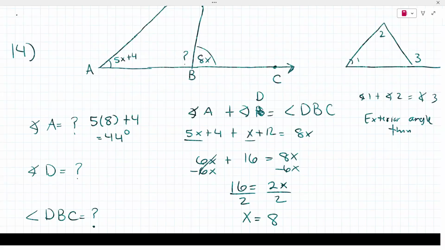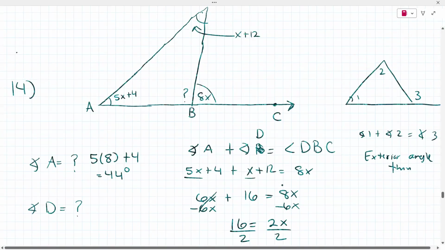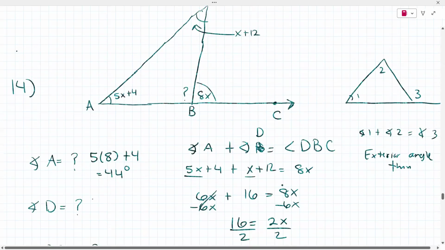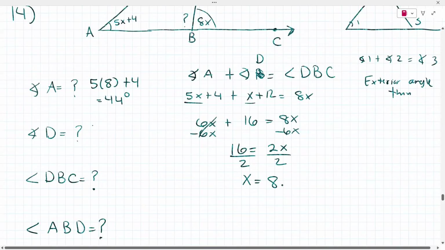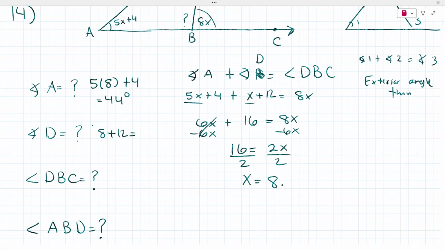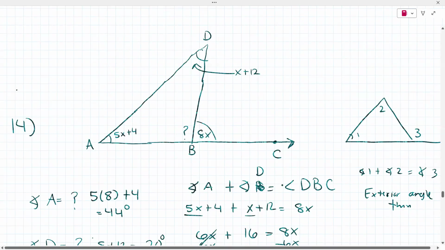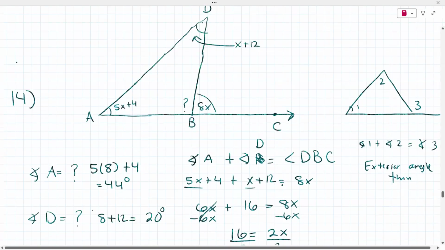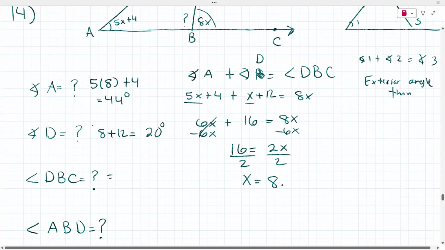And now we can figure out what angle D is because it's x plus 12. So that is 8 plus 12, which is 20. And now do we know what angle DBC is? Yes. DBC is 8x, which is 8 times 8, which is 64.